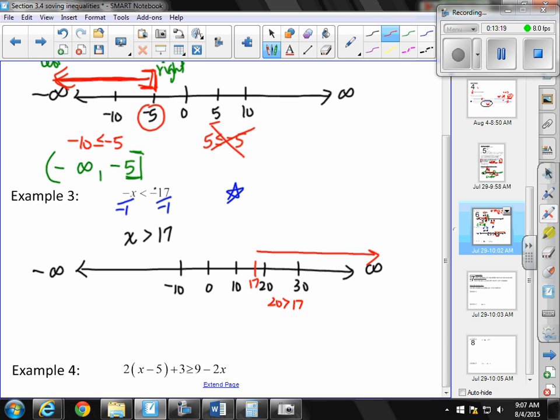No equality on that sign, so I'm going to use a parenthesis. And again, I look at my shaded region from the left to the right of my shaded region. And I'm going to have parenthesis 17 to infinity with a parenthesis.